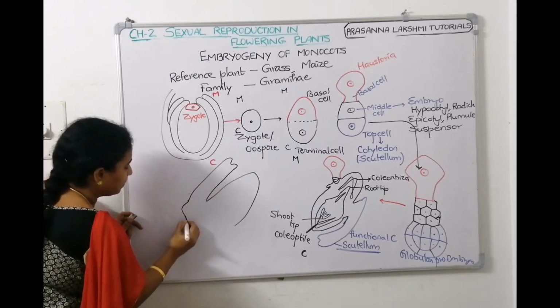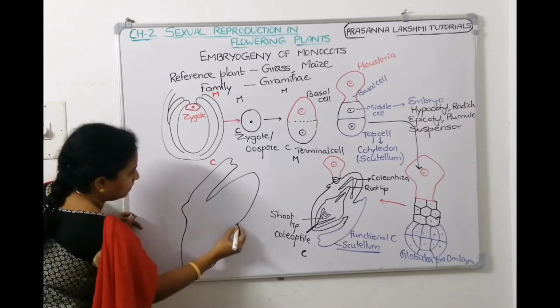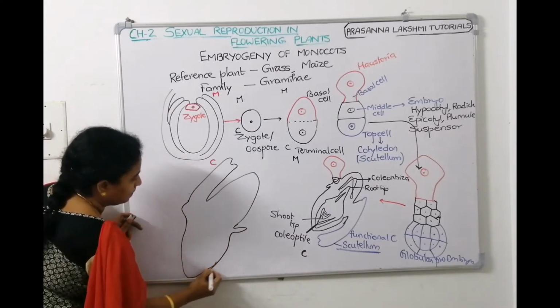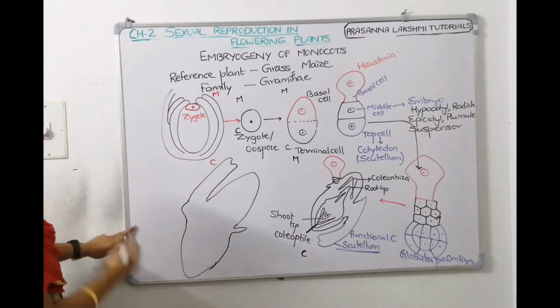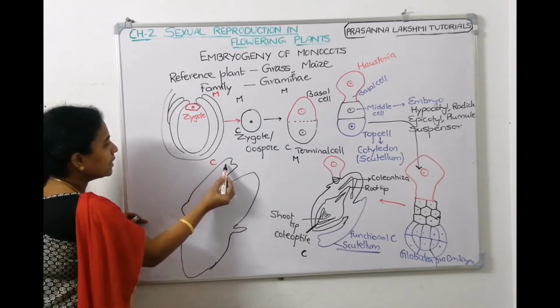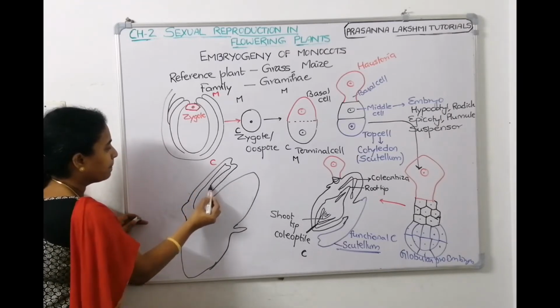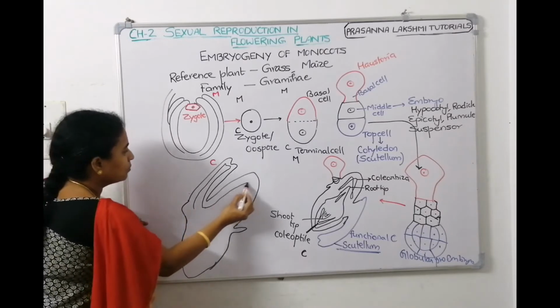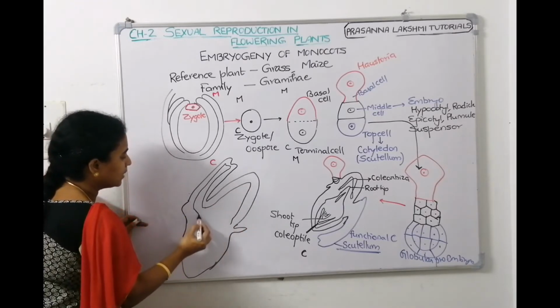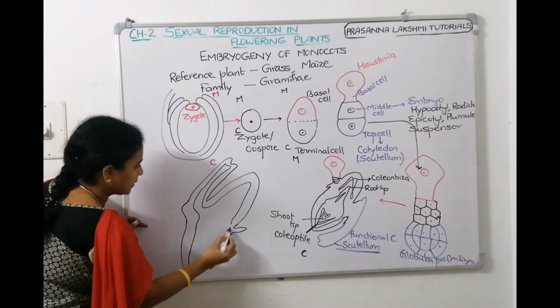It's like this, right? So this is a single functional cotyledon which is called scutellum, which is connected to the embryo. This is the embryonic axis.